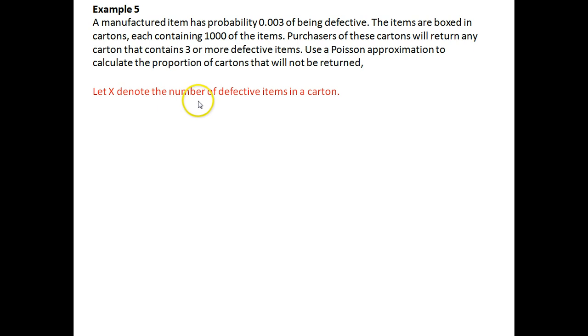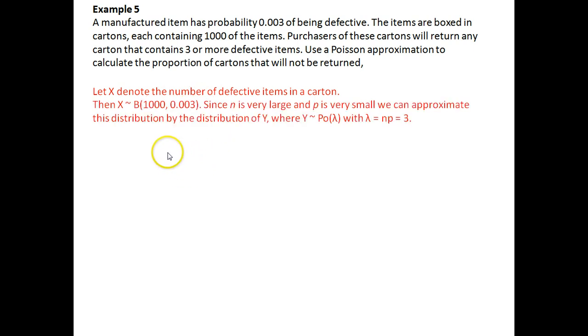So let x denote the number of defective items in a carton. So x is binomially distributed with n is 1,000 and p is 0.003. Since n is very large and p is very small, we can approximate this distribution by the distribution of y. Y is Poisson distributed with parameter lambda, and lambda is the mean, which is np of the binomial, so we get 3.